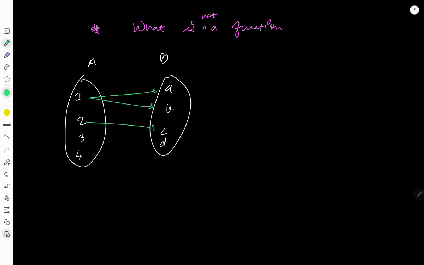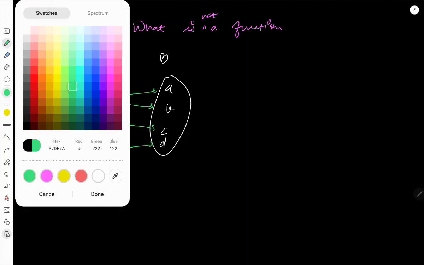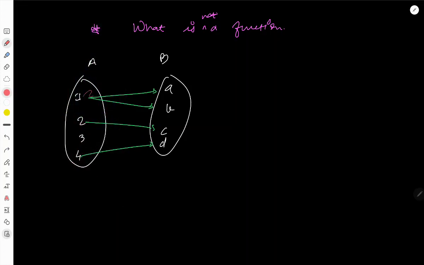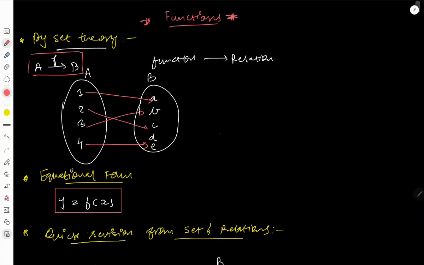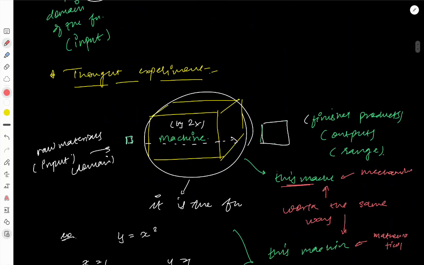And this is over here and 4 to D. And we have kept the 3 vacant, let it be. It does not come in handy. But now the thing to notice is that one pre-image has two images.